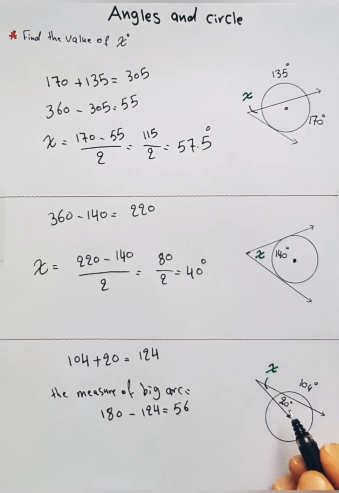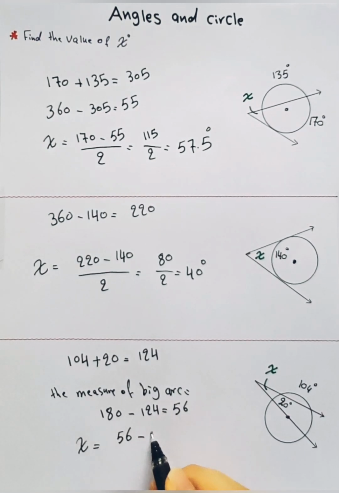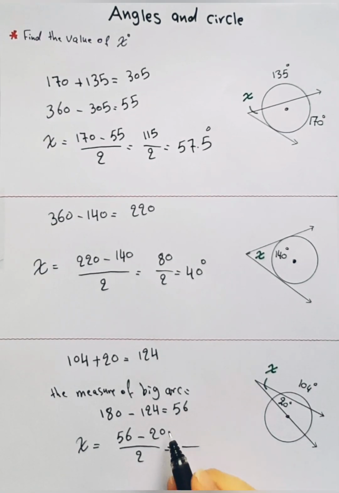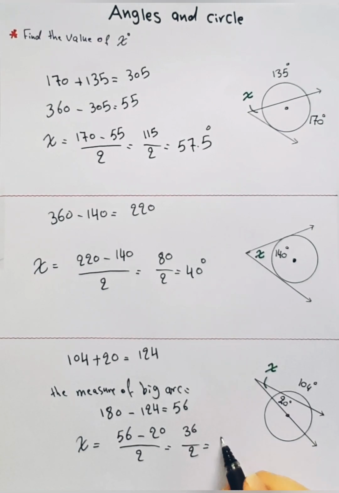So small arc is 20, big arc is 56, so the value of x is equal to 56 minus 20 divided by 2. So 56 minus 20 is 36 divided by 2 equal to 18 degrees.